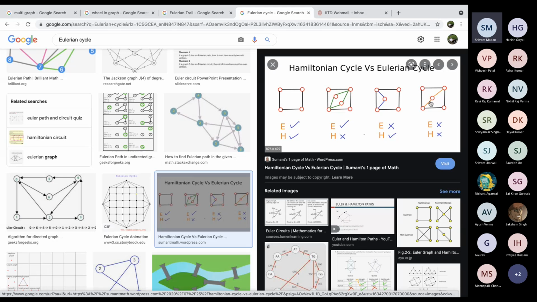So for that you have to use some theorem. So today we will see one theorem. By that theorem, you can see that this graph is not Eulerian. I can tell you the statement of that theorem. That theorem says if you have an Eulerian graph, then the degree of each vertex should be even. But here the degree of this vertex is odd, so therefore you do not have any Eulerian cycle.